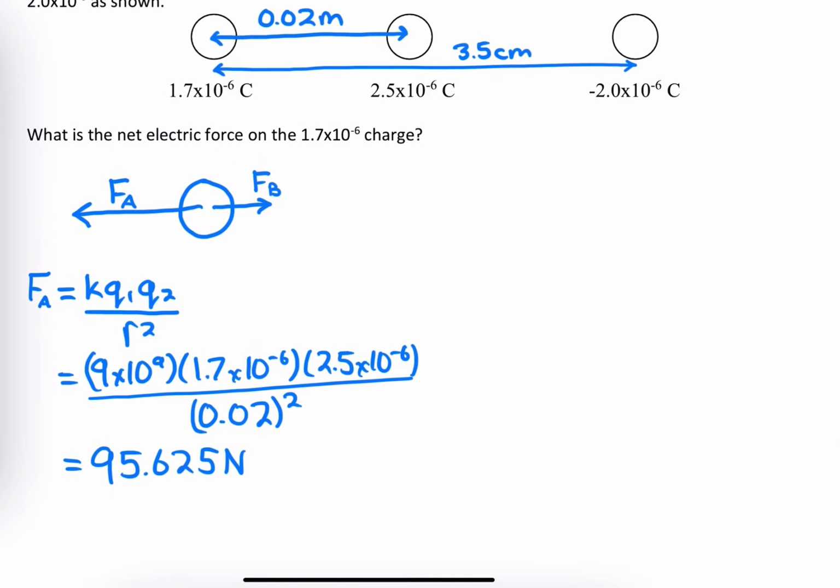We figured out this force was going to be going to the left based on the polarities of these two charges before we did any calculations. And then once we found that direction, we went to the formula to tell us the magnitude. So the formula tells me it's 95.6 newtons. And the other work I did tells me it's left. Let's look at the other force, FB now.